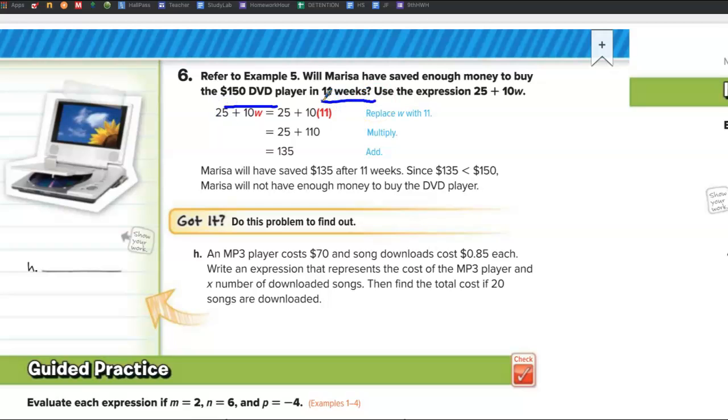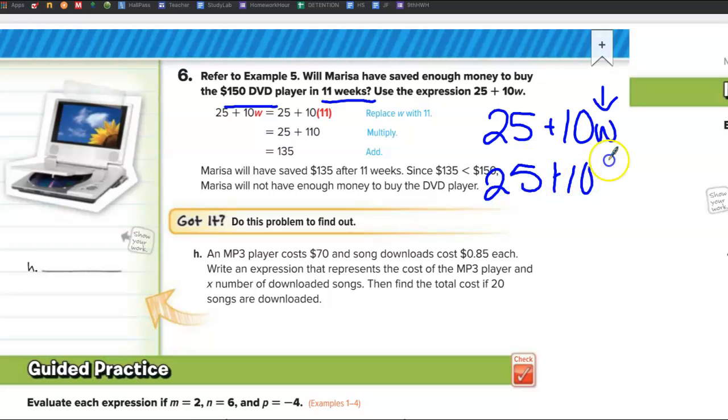Okay, so we're still going to use that expression, the $25 she's already saved, plus the $10 she's going to save each week. They use W to represent week. So what do I do with the 11 and the 150? We substitute 11 in for the number of weeks, right? So I take 25 plus 10 times 11.